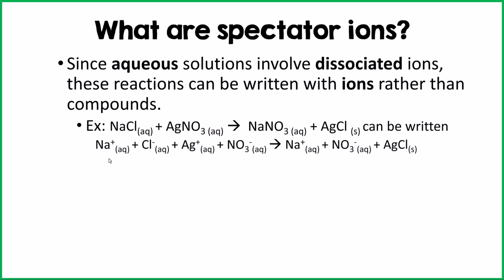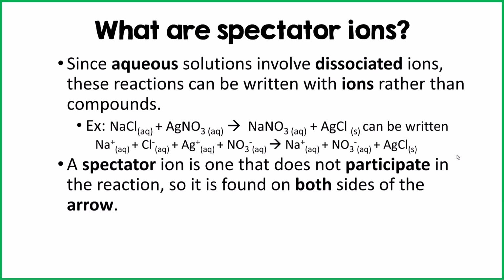So that would be sodium ions and chloride ions, silver ions, and we keep this polyatomic nitrate ion as a whole unit. And then our products would be a sodium ion, a nitrate ion, and silver chloride, which is our solid. So all of these aqueous ions would be written separately. Our solid compound remains as a solid compound because it is not dissociated into ions.